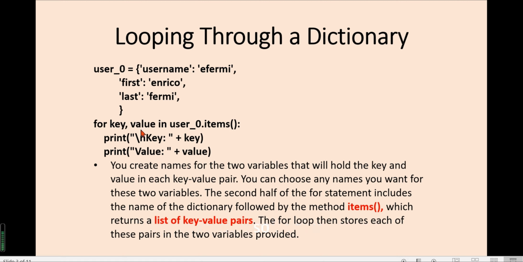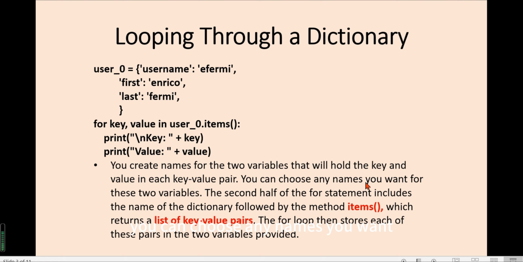So the for loop here creates a list of key-value pairs from the dictionary. Then this line will print the key, and this line will print the value. You create names for the two variables that will hold the key and the value in each key-value pair.